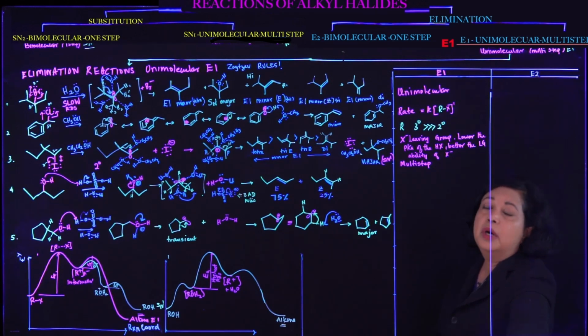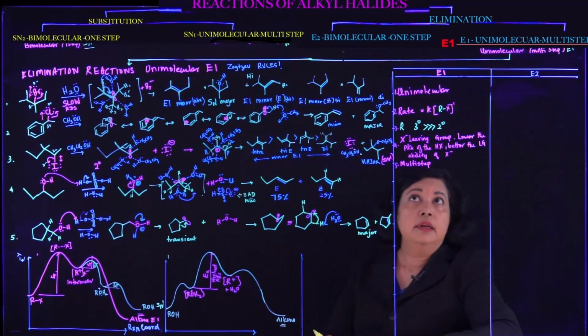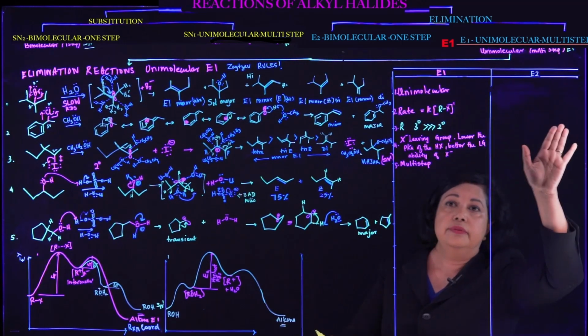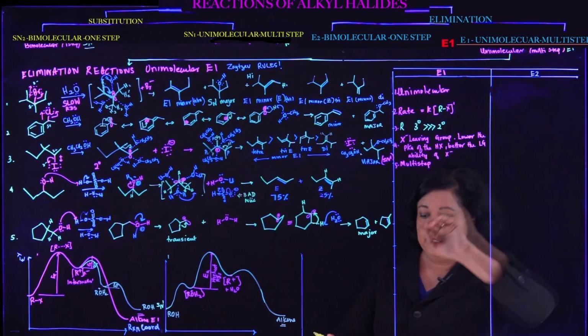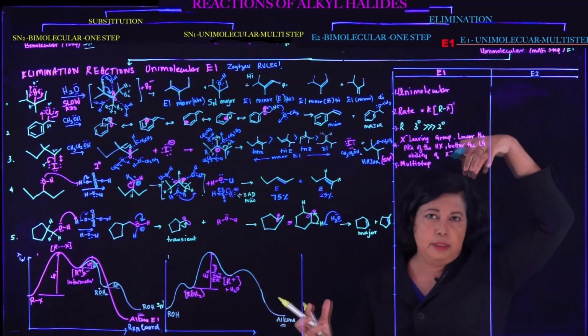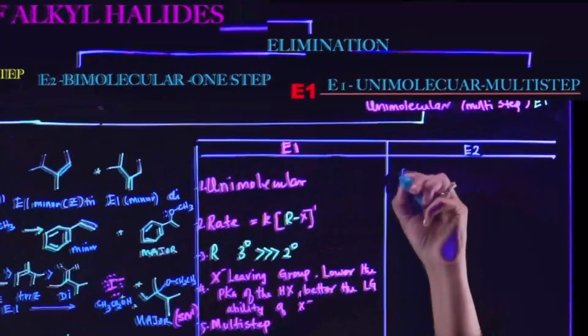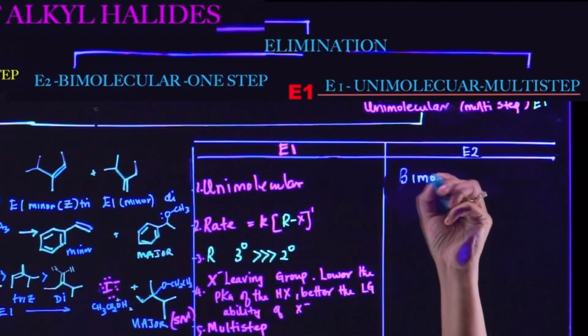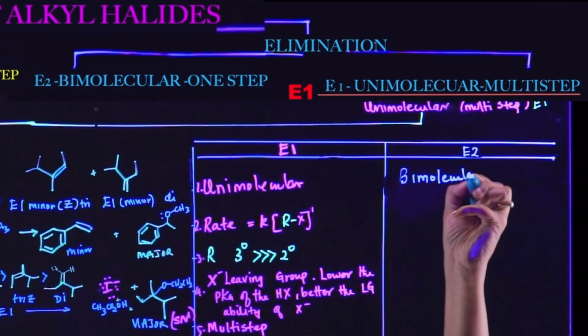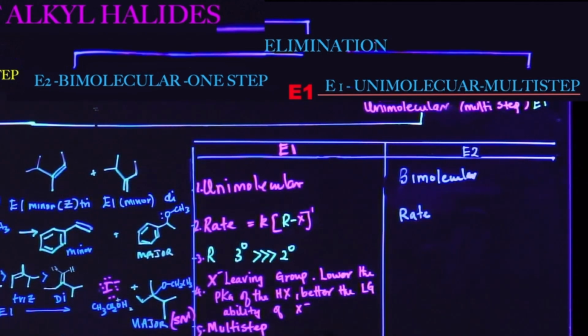Let's compare E1 and E2 here. See how they're different. Up to now, every single thing's different between elimination 1 and elimination 2. Elimination 2 has to have a base come in, pull off the hydrogen, make the pi bond, and kick off the leaving group all at once. So you need the base there. Bimolecular. Rate depends on the base pulling off that hydrogen.